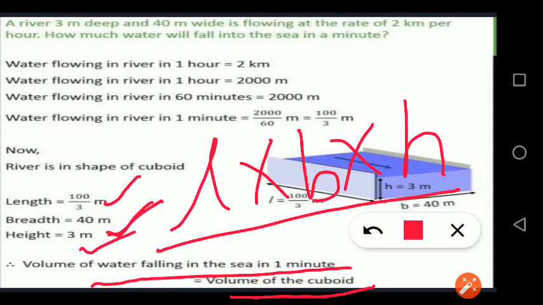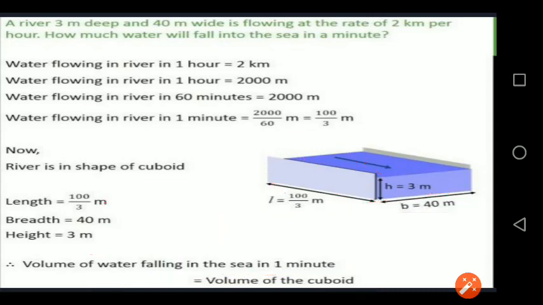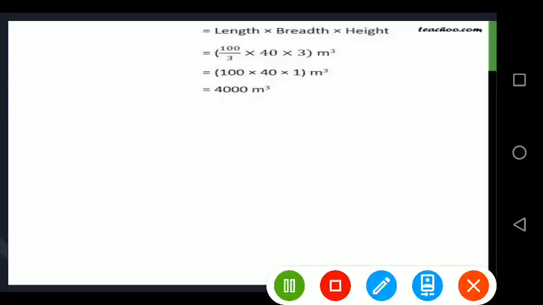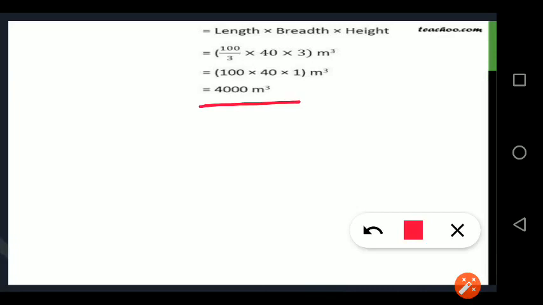Now quickly calculate the volume. Done. Let's check. So the volume we get is 4000 meter cube after doing the multiplication. Here this 3 and this 3 get cancelled, then 100 into 40, 4000 meter cube.